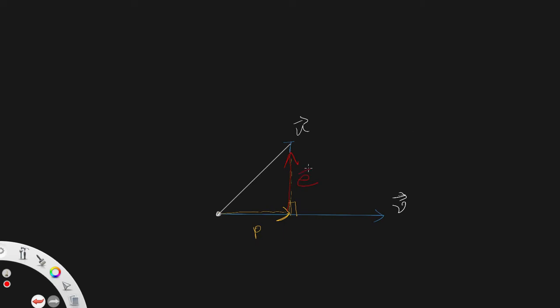All right, now we can say U is a summation of the vector P and the vector E, right? So the portion that is on the line of V and the portion that is perpendicular to the line of V. So E is perpendicular to V. There can be many ways to prove it. The proof is pretty simple.